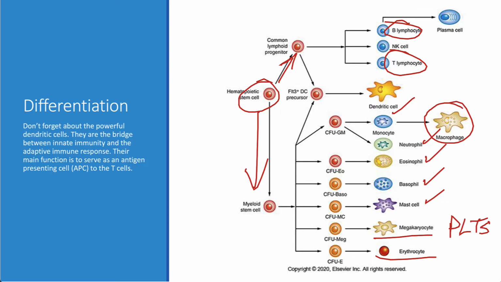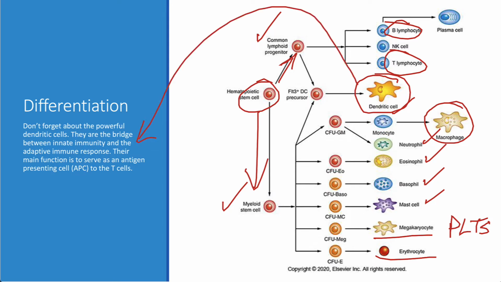So those are the two cell lines: the common lymphoid progenitor, which gives the T cells and B cells, and the myeloid line that gives the macrophages, the white cells, the platelets, and the erythrocytes. I left out one very important cell, and I want to remind you of it, so I gave you a description here to read.